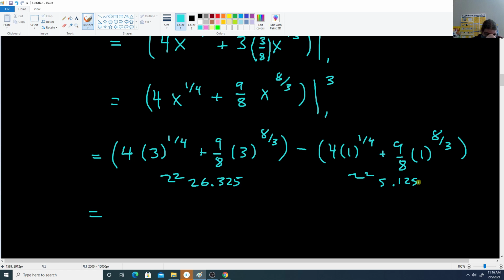I end up getting about, I've typed something in wrong. Oops, there it is. Okay, so this is about equal, and I'm going to round it to 3 decimal places. We get 21.200. It's actually 21.200144476, but rounded to 3 decimal places, we get that for our answer.